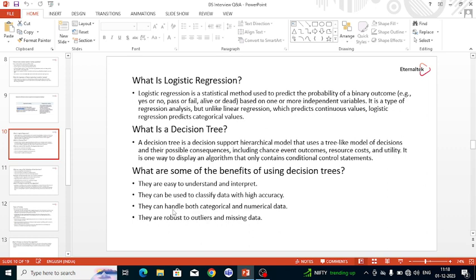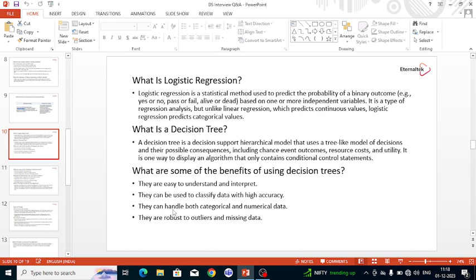It is a type of regression analysis, but unlike linear regression, which predicts continuous values, logistic regression predicts categorical values, meaning binary values like yes or no, pass or fail, and true or false.